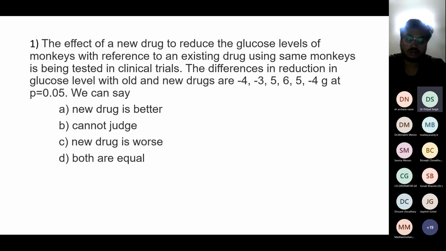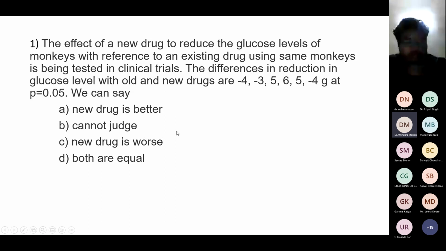Okay, sir. Okay. You know, I hadn't seen the t-value for the two-sided, two-tailed distribution at the 0.05 p-value, that is the 95% confidence interval.